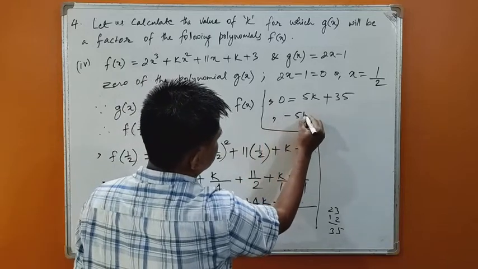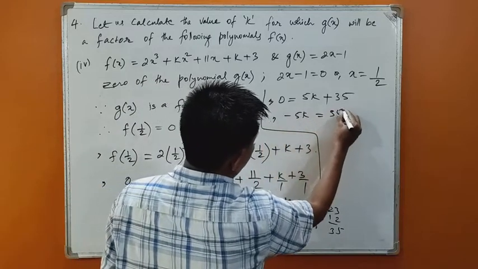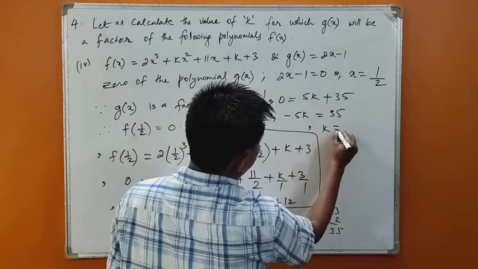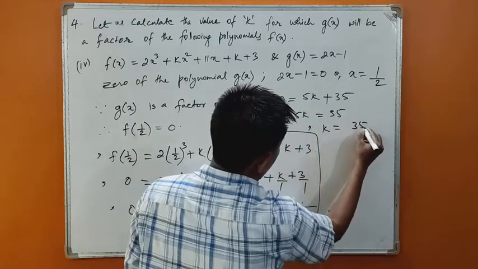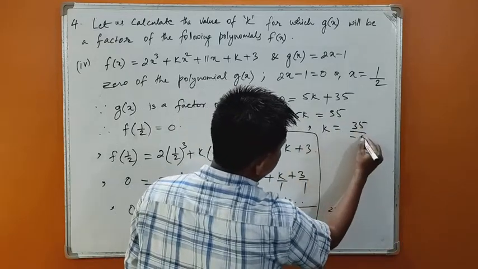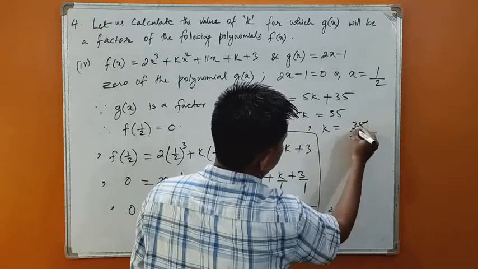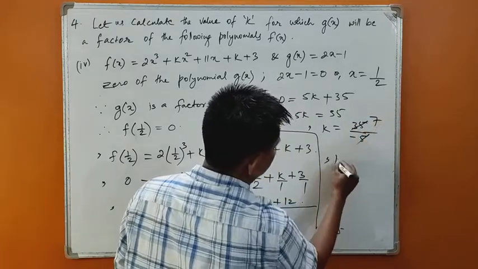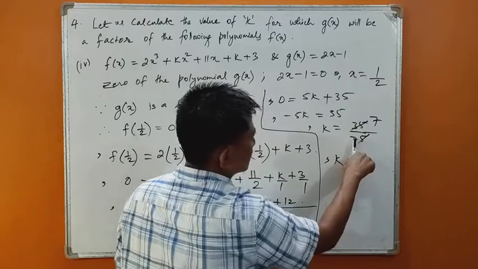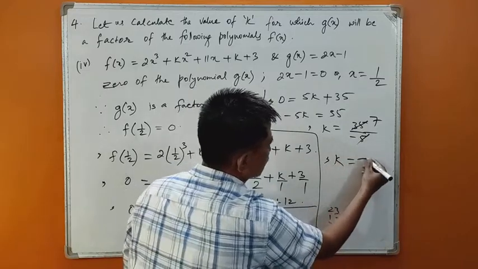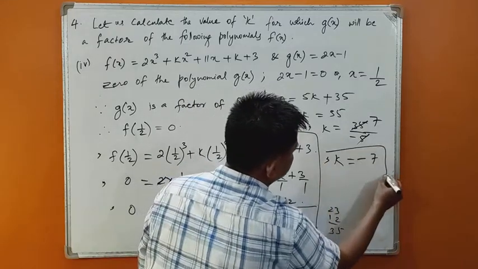Minus 5k, isn't it, equals 35, or k equals 35 upon minus 5. 5 on the 5, 5 7s are 35, or k equals, minus is in the denominator, bring this minus to the numerator, and that k equals minus 7.